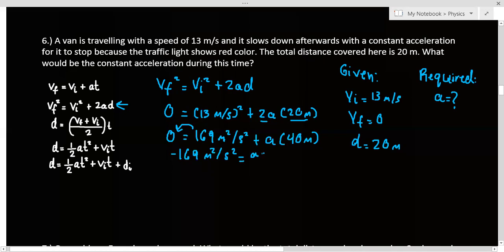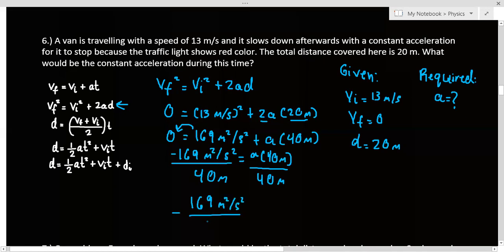Tapos, meron tayong a times 40 meters on the right side. Then, to get your acceleration, we will divide both sides by 40 meters. Okay, so meron na tayong negative 169 meters squared per second squared all over 40 meters is equal to acceleration.